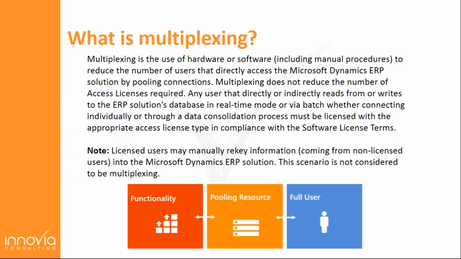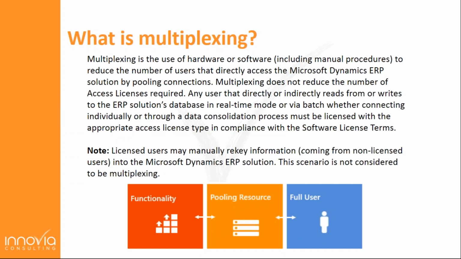And as we dive into the differences between the buying models, we'll hit on a couple other considerations, but essentially multiplexing and external users are the big areas where potentially people are violating the end user licensing agreement.